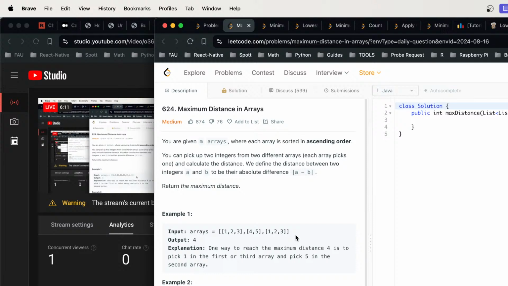Okay, will that give us the correct answer? Basically, we're saying we always use either the smallest value or the biggest value. So will it be possible that a separate pair gives us a bigger one, which means it's neither the smallest nor the biggest? Think about this.